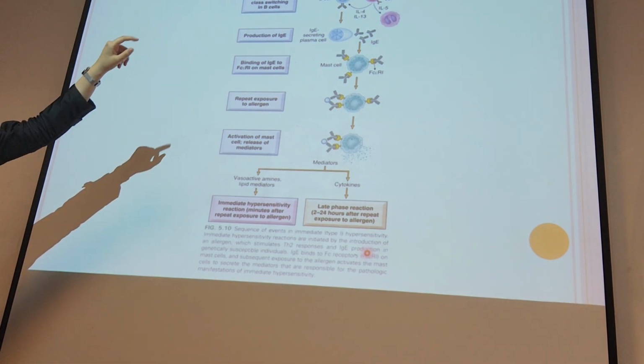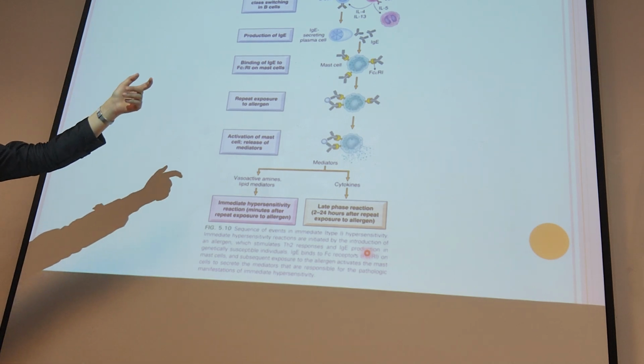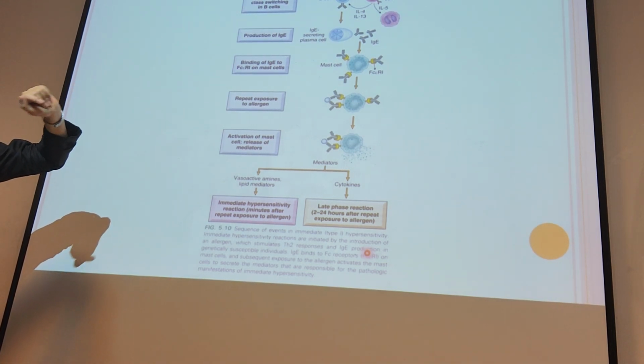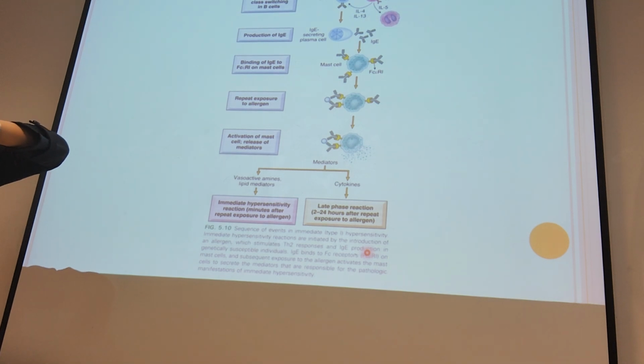Dendritic cells process these antigens and present them to T cells. Here in type 1 hypersensitivity, we have activation of T helper 2, yes, because we have IgE.